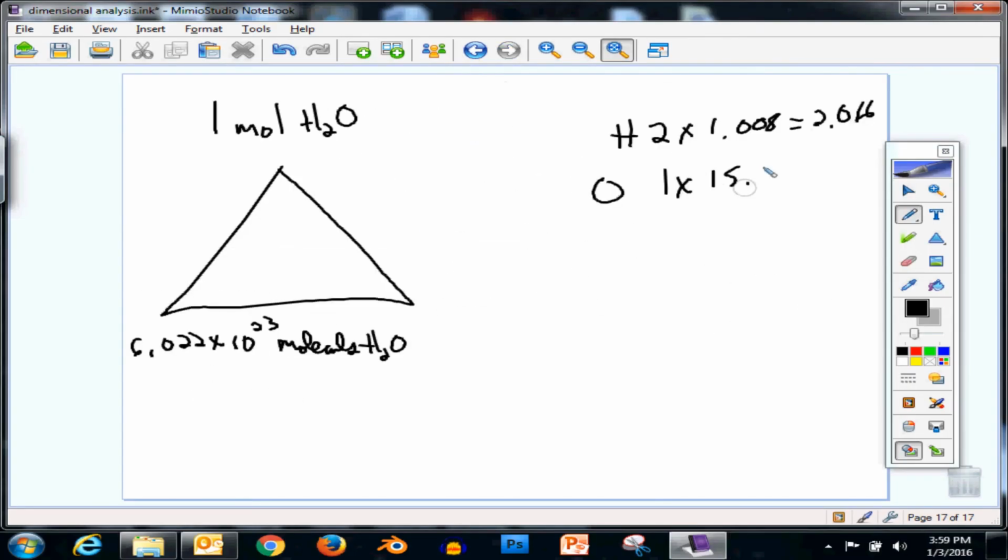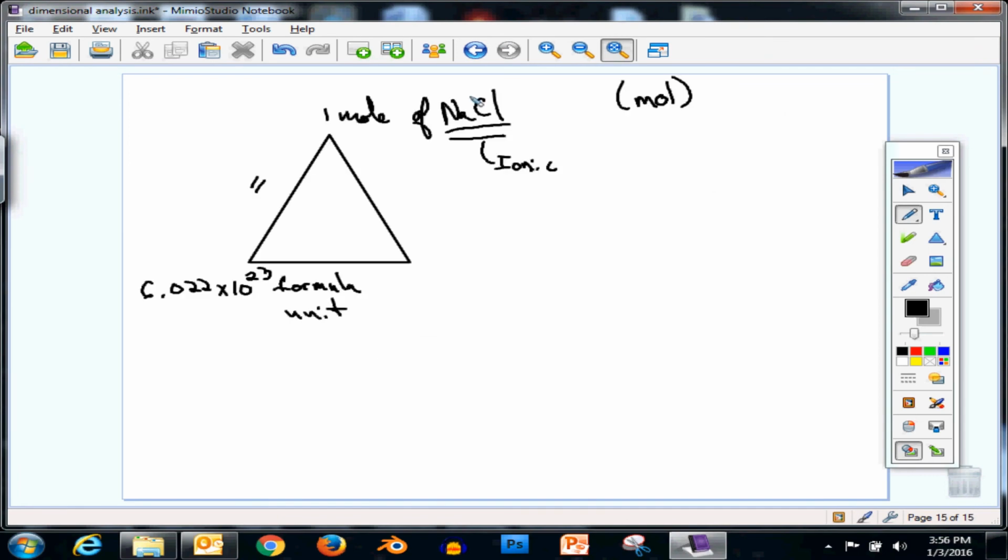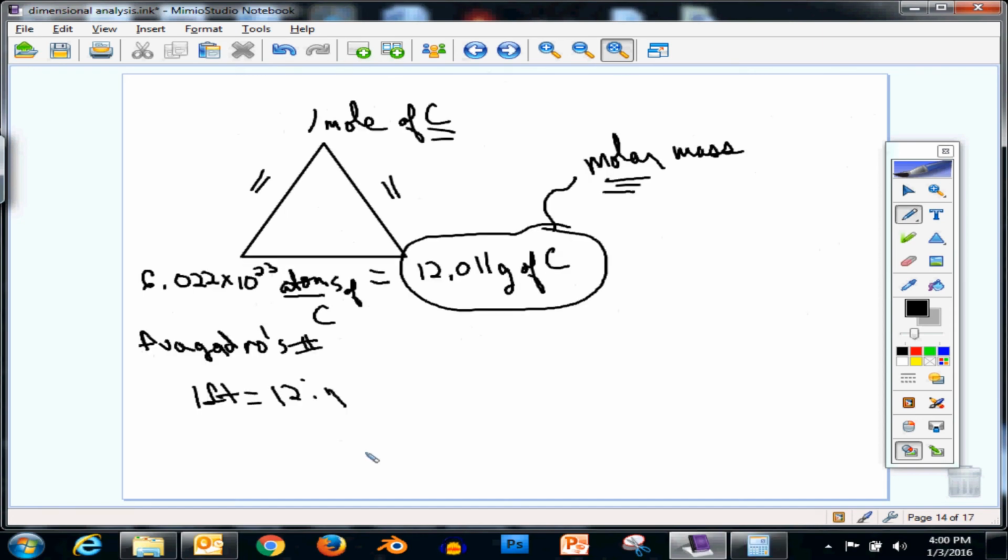So, what's the rule? If it's covalent, it's molecules. If it's ionic, it's formula units. If it's an element by itself, it's going to be atoms. So here's a question for you. If I give you chlorine, which is an element by itself, what's the gotcha with that? Chlorine's formula is Cl2.